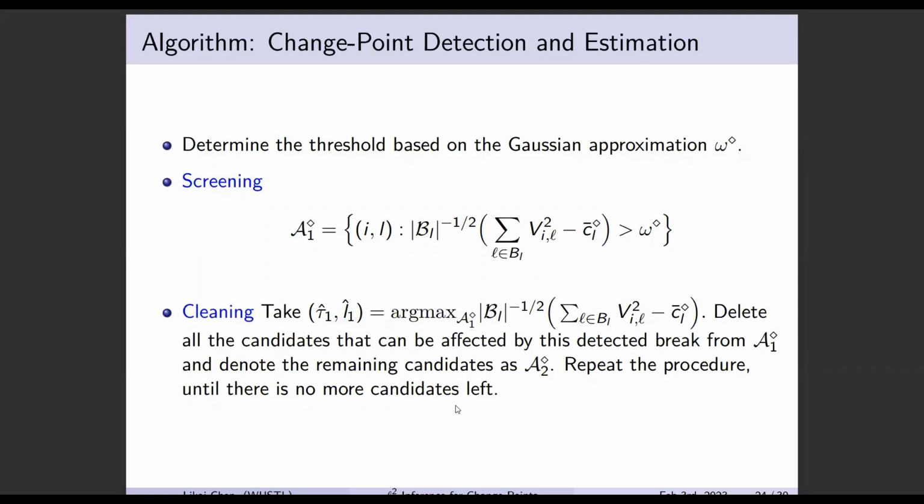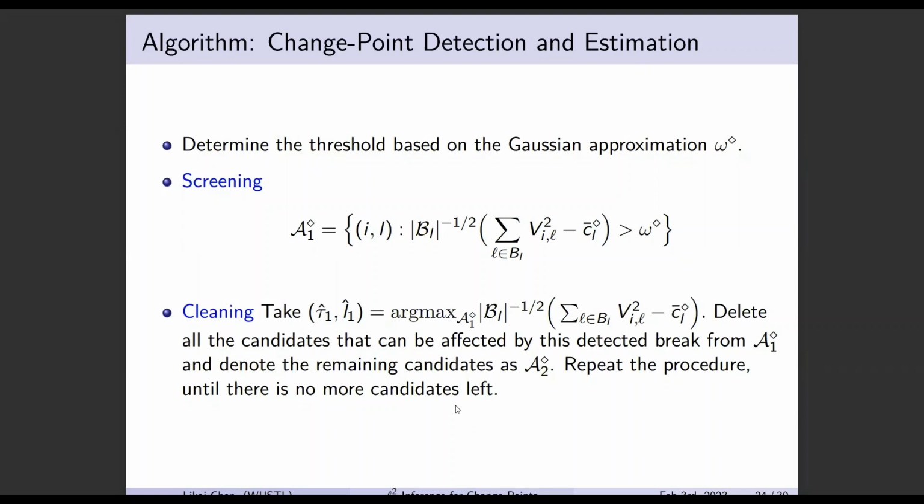Among all the candidates, we select the one that maximizes the statistic. Then we delete all the candidates that can be affected by this detected break.